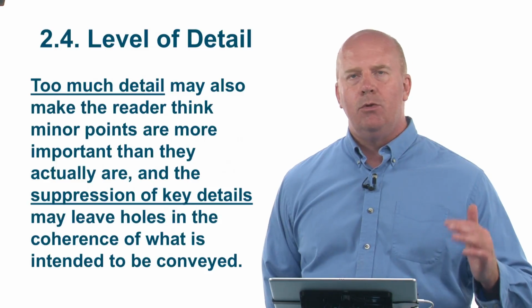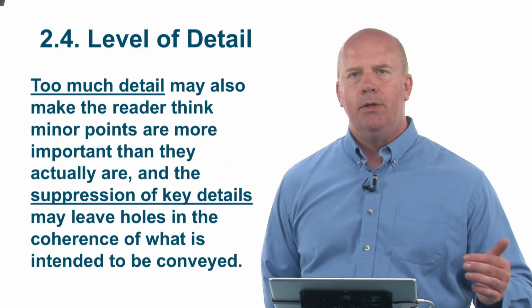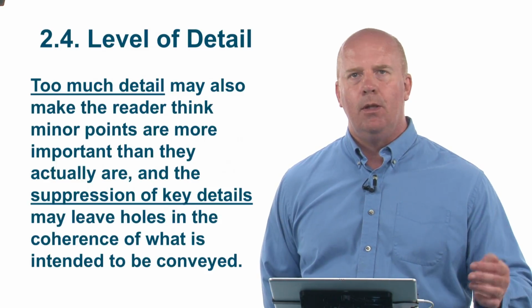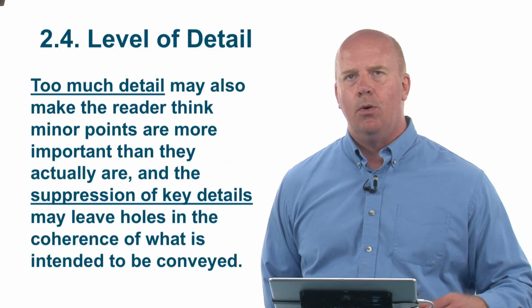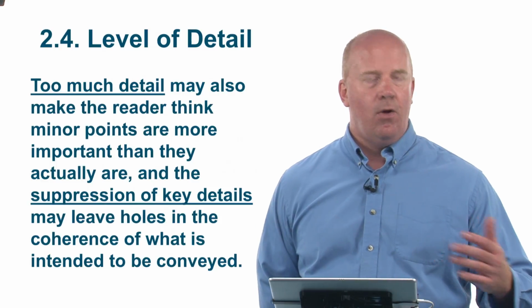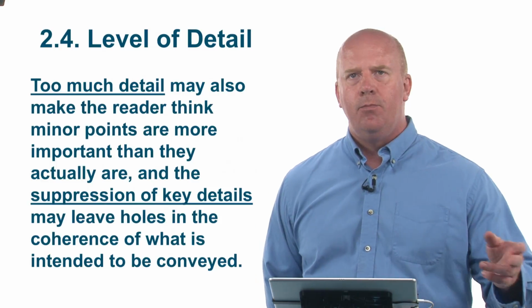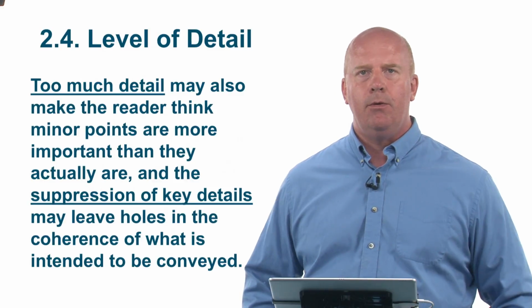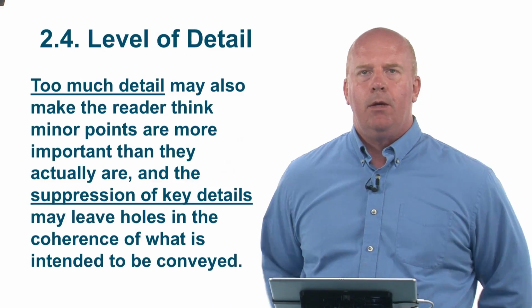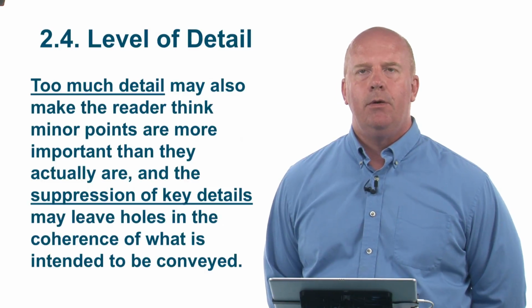Now, if you put in too much detail in the summary, the person that reads the summary is going to think that those detail points are more important than they actually may be. That's kind of a falsely tokenistic approach, saying that these points are important, but you actually get confused because you put the details in when they shouldn't be there. So they might confuse the person that's reading your summary.